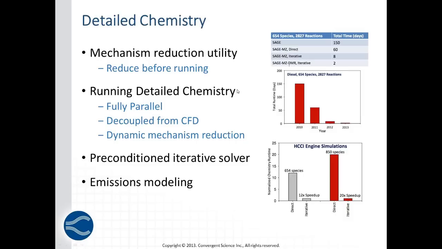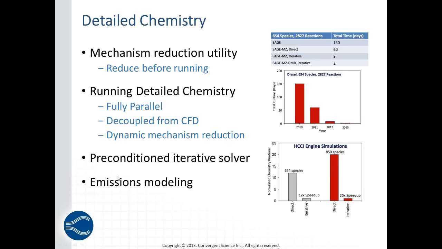A couple of them are, of course, chemistry is parallelized, but it's fully parallelized with excellent scalability in CONVERGE. We also have dynamic mechanism reduction that reduces the mechanism based on what's required in the local conditions. So that's another key feature that helps give us that acceleration and being able to handle larger, more accurate chemistry sets.